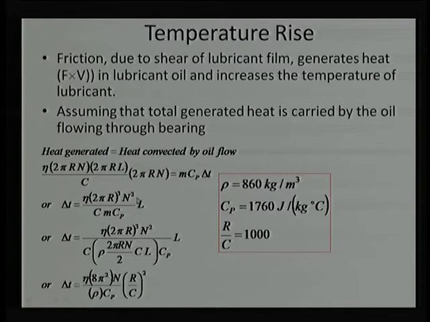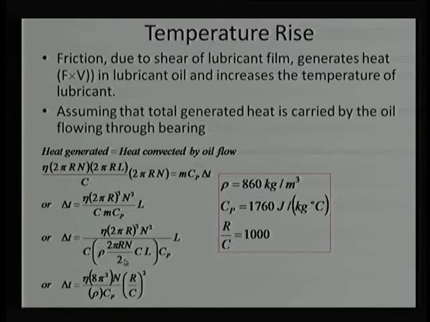With this we can find out the temperature difference, if we know the mass flow rate and the Cp. The mass flow rate can be figured out depending on the volume available for movement and density. The density is rho, and the volume available is pi d n into clearance into length, and we assume that only half of the surface is convergent and half is divergent.